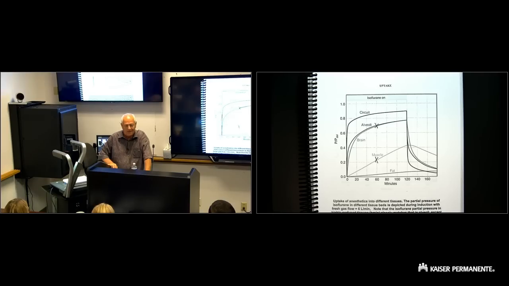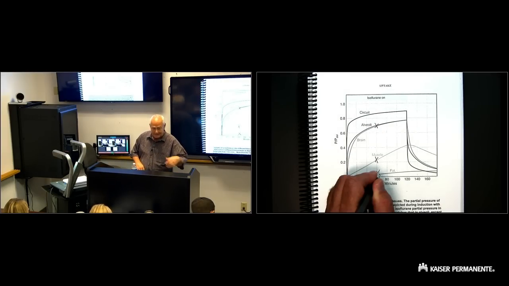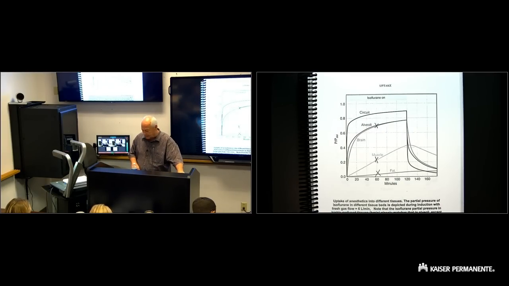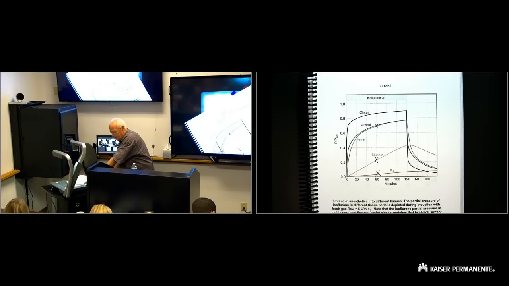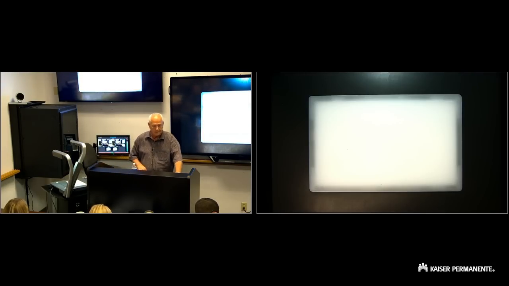It's not being distributed into the muscles, in spite of their large volume and mass. And then, of course, here's fat. The amount in the fat at any given point is less than the amount in the muscles, and the amount in the muscles is less than the amount in your vital organs. All right, make sense?